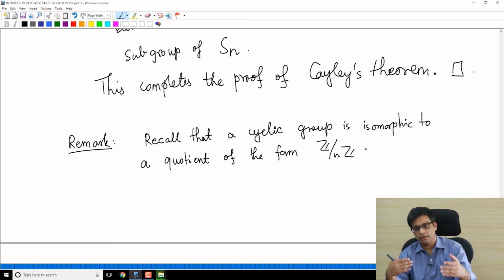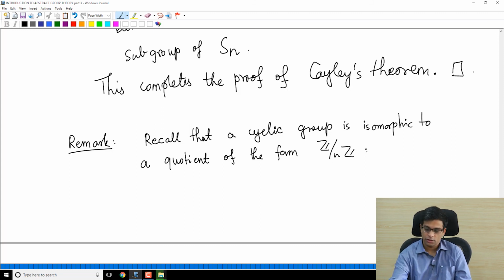So compare this statement, a cyclic group is isomorphic to a quotient of this form. Here also we are relating an arbitrary cyclic group to a well-known group like Z.